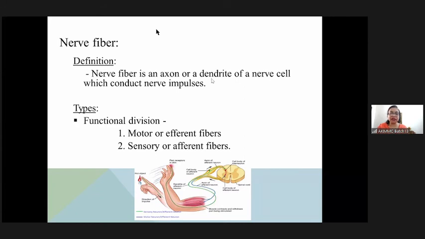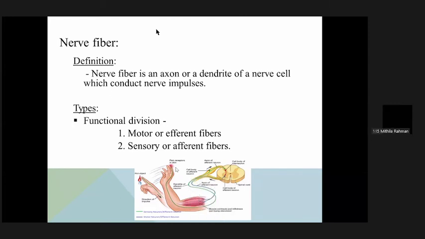Function of this nerve fiber: conduction of nerve impulse. If nerve impulse is coming toward the central nervous system, sensory or afferent. If the impulse is coming out from the central nervous system, efferent fiber.